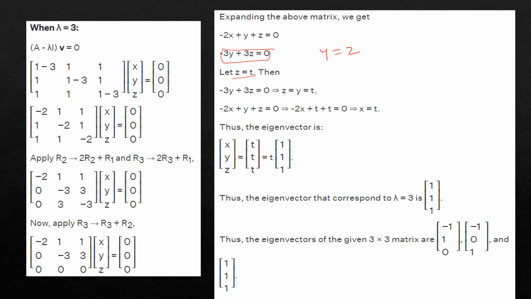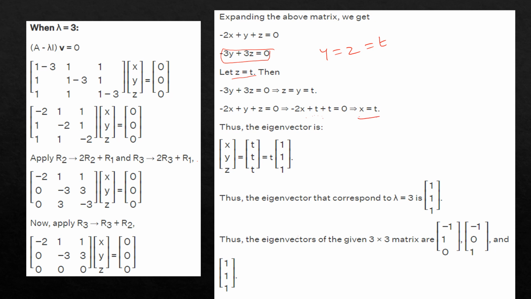If I assume z as t, then I can substitute t in this equation. So I'll get y equal to z equal to t. Now if I substitute t here, this will give me minus 2x plus 2t equal to 0. So you'll get x equal to t.